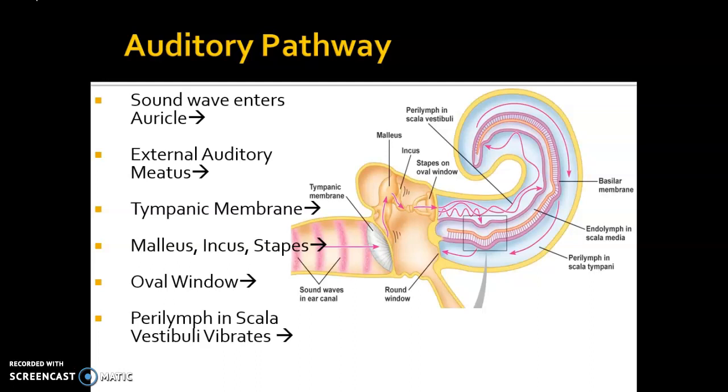The middle ear is associated with the inner ear, and the cochlea is uncoiled here, so everything is pretty straightened out. Another thing, if you look at the picture, the stapes bone sits on the oval window, and we also see there is a round window below the oval window.